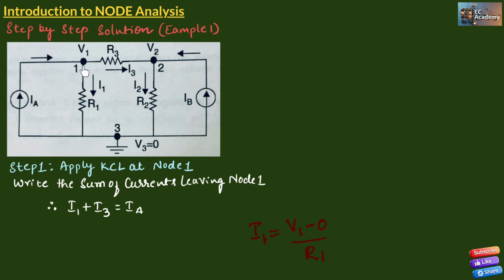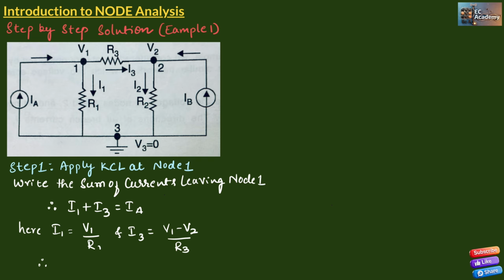Here I1 will be equal to V1 by R1, and I3 will be equal to V1 minus V2 divided by R3. So higher potential minus lower potential divided by the resistance. So I3 will be equal to V1 minus V2 divided by R3.